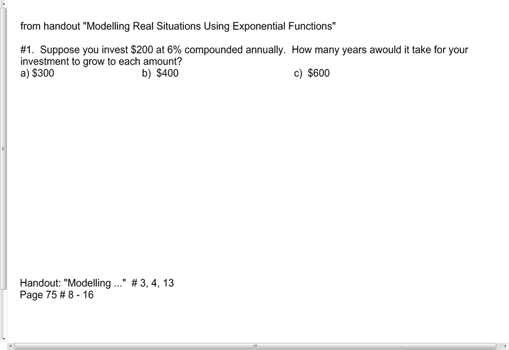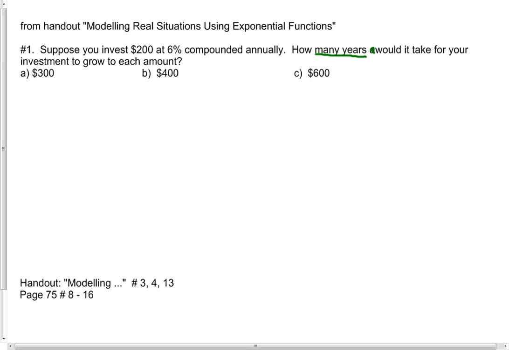Where we use logs most often to solve is when we are looking for time in an exponential equation. That's the hardest, other than guess and check, to solve. So let's try this one, and then I'll leave some problems for you to try as well. Suppose you invest $200 at 6% compounded annually. How many years would it take for your investment to grow to each amount? $300 and so on.